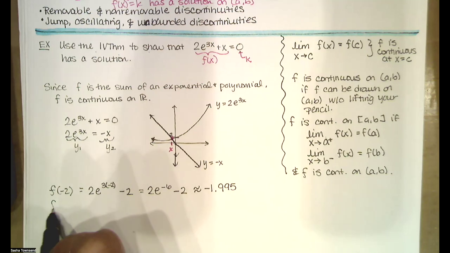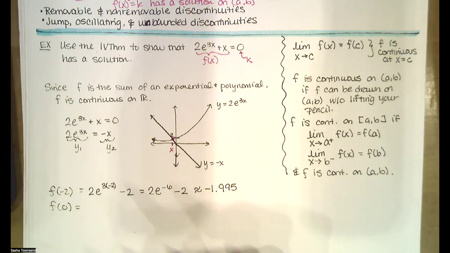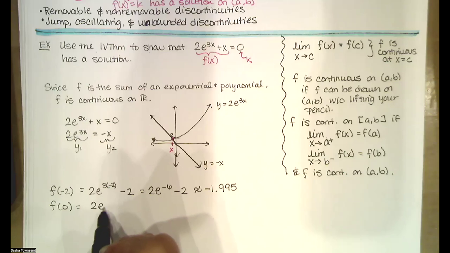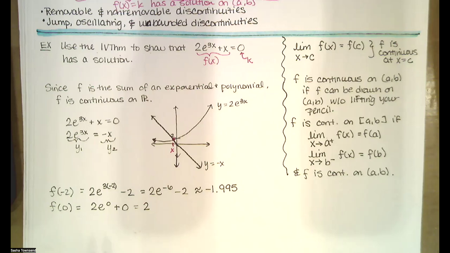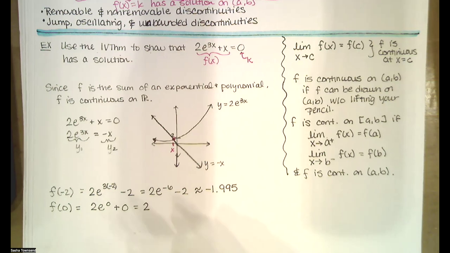I actually did this example earlier, so that's why I knew what the answer was. And then f of 0 is 2 times e to the 0 plus 0. So we just get a 2. So at x equals negative 2, our y value is nearly negative 2, and at x equals 0, our y value is 2.